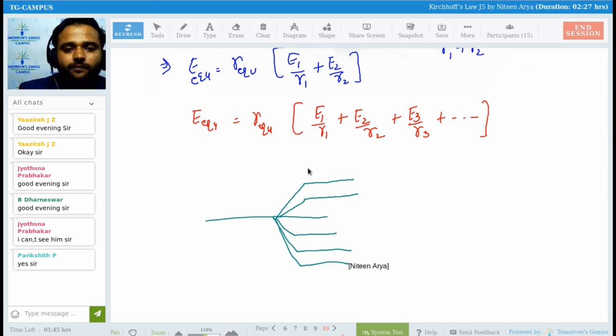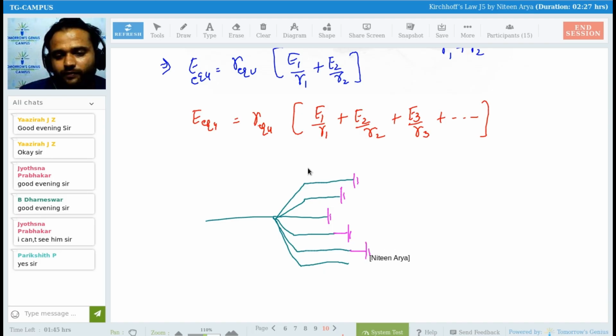Now this is your 1, this is your 2, this is your 3, this is your 4, this is your 5, this is your 6. Now you can see that everything is connected in parallel, right?